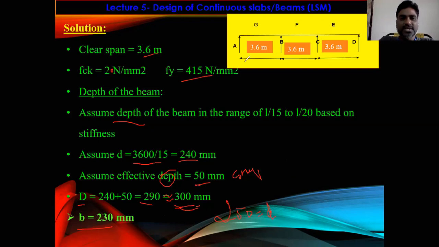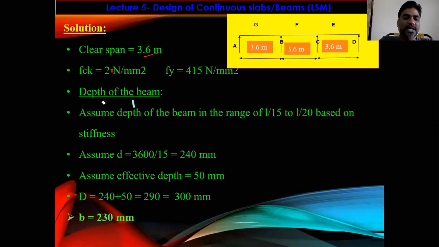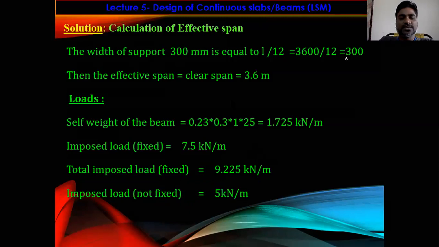Now the next step is to determine the effective span. While calculating the effective span as per IS 456-2000, you need to check whether the width of the support is less than 1/12 of the clear span or greater than 1/12 of the clear span.